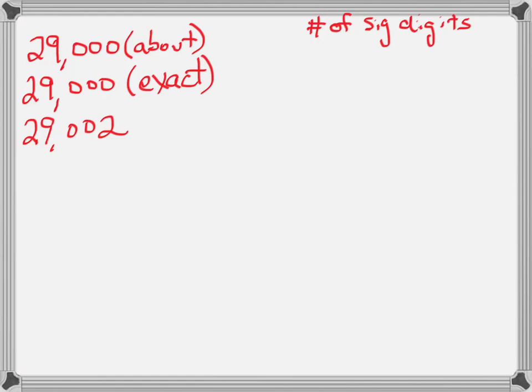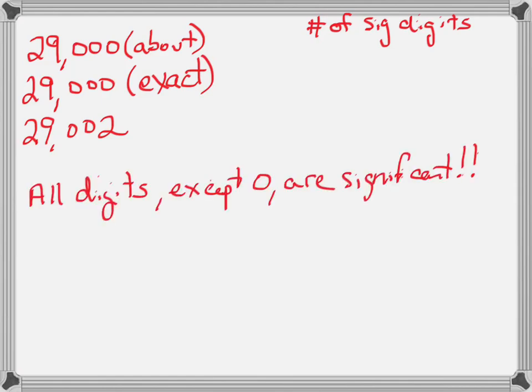So the first thing is to determine the number of significant digits. We have a rule we need to follow, and that is this. The first rule about significant digits is that all digits except 0 are significant in the number. So therefore what that means is, notice 29,000 has 5 digits. The 2 and the 9 are significant.